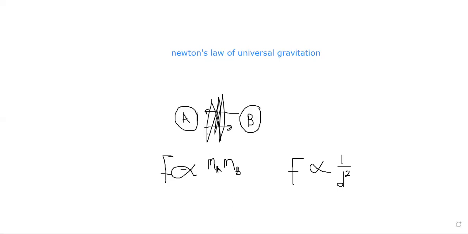We have to deal with the centers of gravity of the objects. Did you understand that part? It's inversely proportional to the square distance between the centers of the masses.